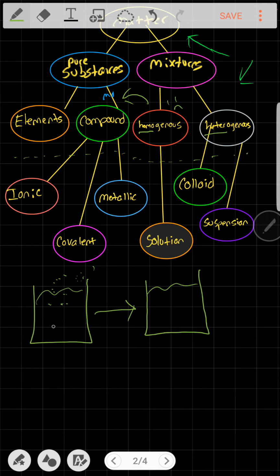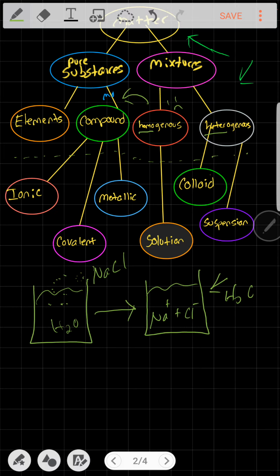So not only is there H2O in here, and sodium chloride was poured in, now I can't tell. And I know that the water broke apart the sodium and chlorine. So not only do I have water in here, I also have sodium ions and chlorine ions. But we know that we can't see that with the naked eye. So it looks the same throughout.